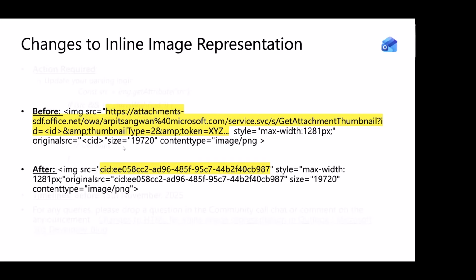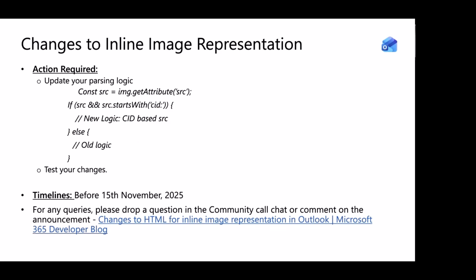Effectively, once the changes start rolling out, the action required from the add-in, if it is dependent on parsing the source attribute, is to parse the CID instead of the ID parameter that has been happening so far.